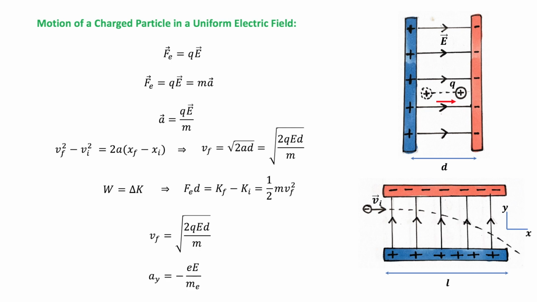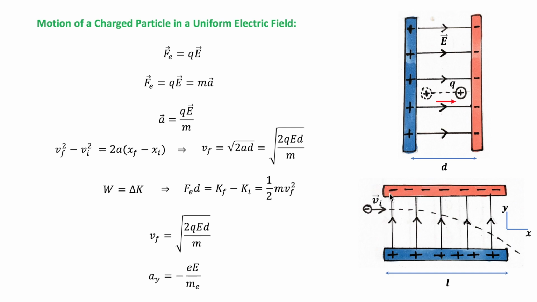Now let's suppose an electron enters the field with an initial velocity that is perpendicular to the field lines. In this case, the motion is two-dimensional, and the electron follows a curved path. As in the previous example, a constant electric force is exerted on the electron and its direction is in the negative y direction.